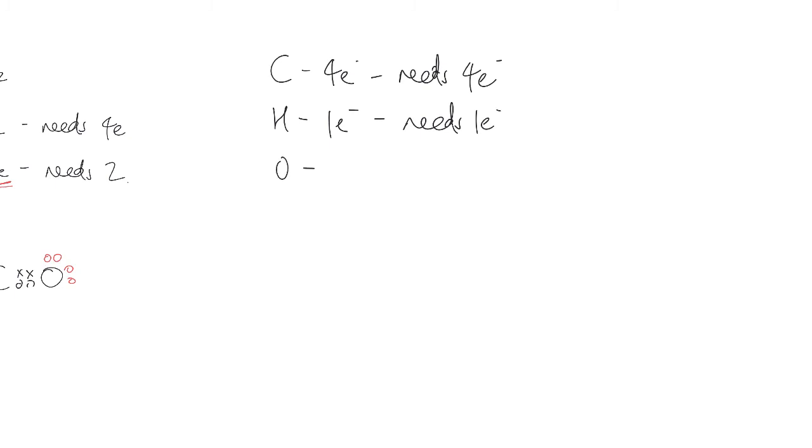And oxygen has 6 electrons, therefore it needs 2. Okay, so I'll draw it out. So because it was CH2O, 1 C with 4 electrons around it, 1 hydrogen here, 1 hydrogen here, 1 oxygen here.